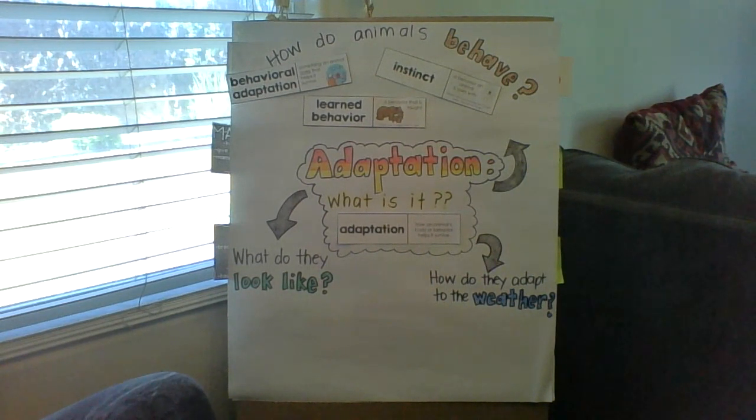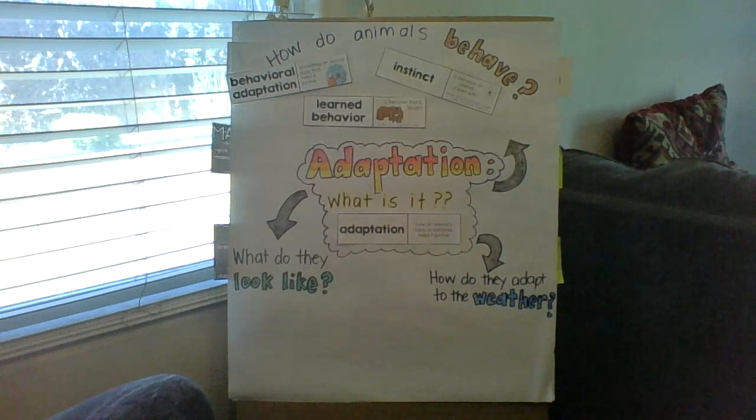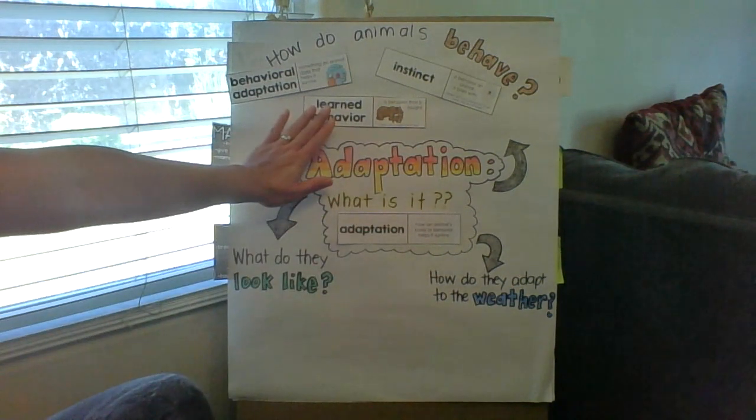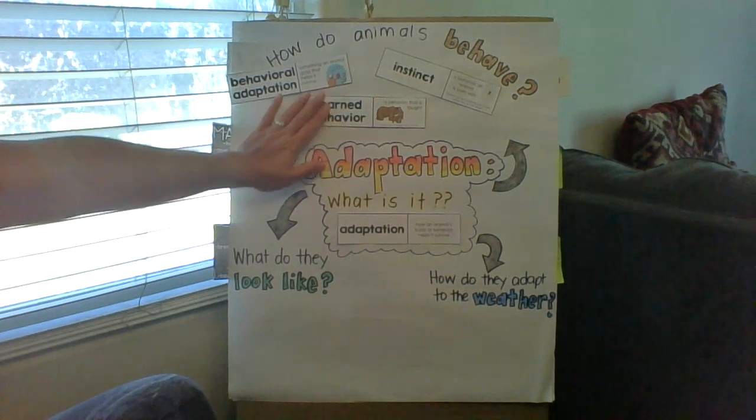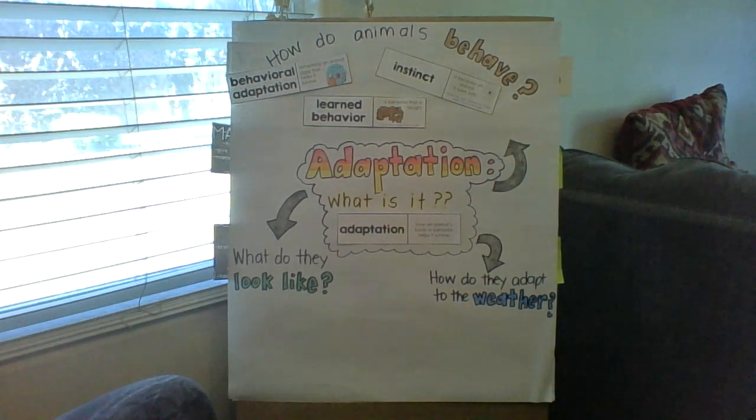And so the mother bird basically taught her babies how to fly. That is a learned behavior. Your mom and dad helped you to learn how to walk on your 2 feet, right? You didn't come out into this world starting to walk. You probably crawled or you were held by your mom and dad, and then you learned how to walk. Those are learned behaviors. So animals behave like this to adapt to their environment, okay, so that they can survive.